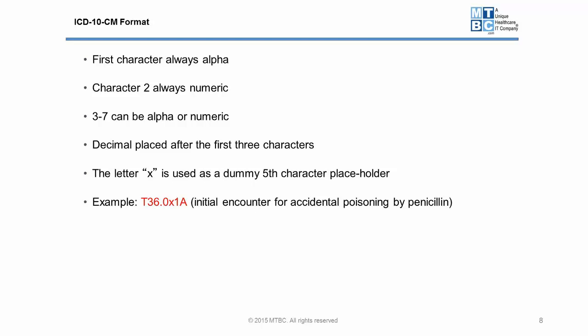For example, as you can see on your screens, there is an ICD-10 diagnosis code, T36.0X1A. As you can see, the first character is an alphabet, the second is numeric, and the decimal is placed after the first 3 characters. This is a diagnosis code for initial encounter for accidental poisoning by penicillin.